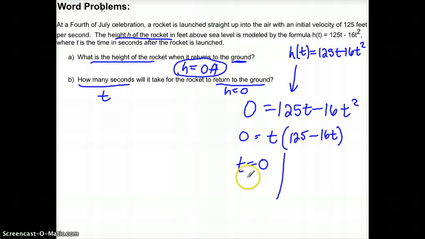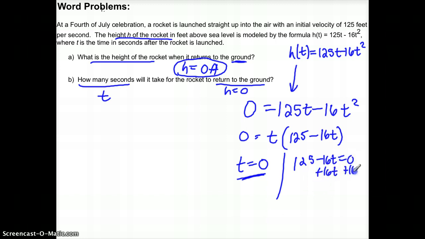You get t equals 0, which makes sense because you start at ground level. Okay, it's launched straight up in the air from ground level. So at 0 seconds, when you start, you're at ground level. The other part, 125 minus 16t equals 0.